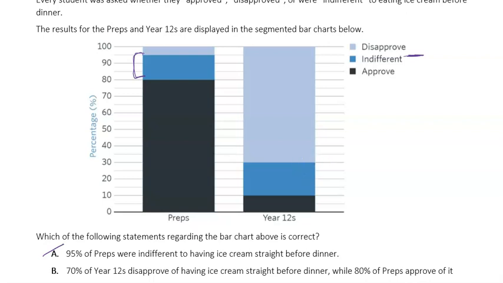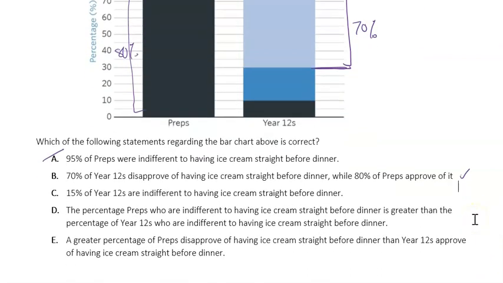And yes, we can see if that's lighting up with 30, then in total we've got 70% of our Year 12s. While 80% of the Preps approve. So approve is our darkest colour and 80%, yes, we can see that equates to 80% there. So it's most likely that this is our correct statement, but we should always read all 5 statements just to be sure that we haven't misinterpreted.